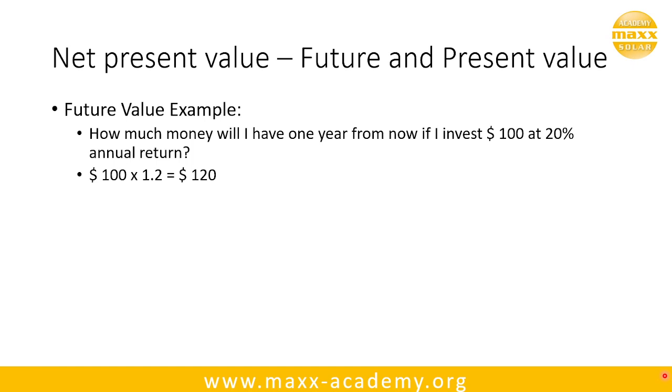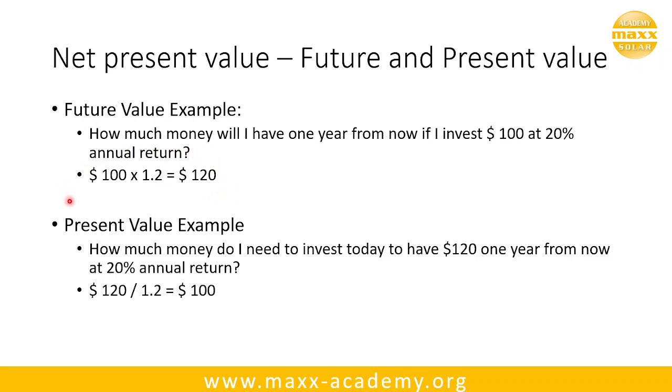If we ask, how much money will I have 1 year from now if I invest $100 at 20% annual return? We take 100 and multiply it by 1.2, and that gives us 120. We can do the same in reverse as well.